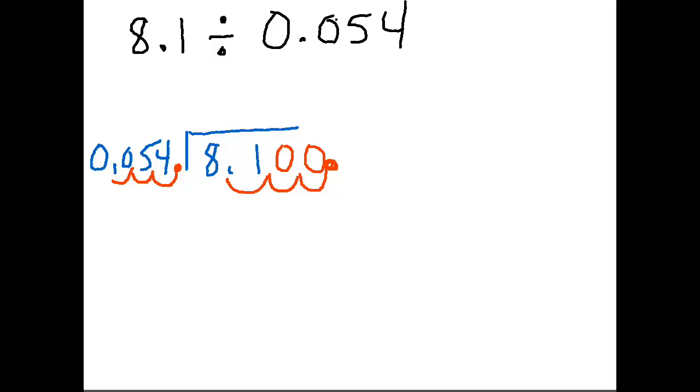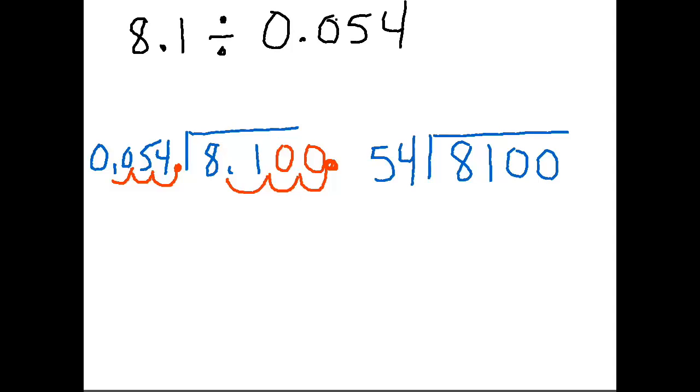So let's write this problem so that's a little easier to read. We have 8,100 divided by 54. 54 will go into 81 one time. I'll bring down my 0. 270 divided by 54 is 5.